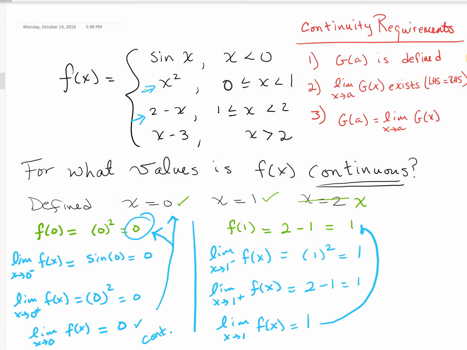And if we look, these two are equal, so this function is also continuous at 1. So for what values is f of x continuous? Well, it's at 0 and at 1, but look at all the work that was required in order to prove this. So again, the main point here is that you need to know this, the continuity.